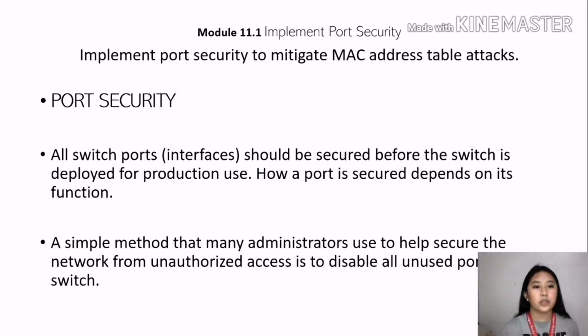So all switch ports or interfaces should be secure before the switch is deployed for production use. How a port is secured depends on its function. A simple method that many administrators use to help secure the network from unauthorized access is to disable all unused ports on a switch.